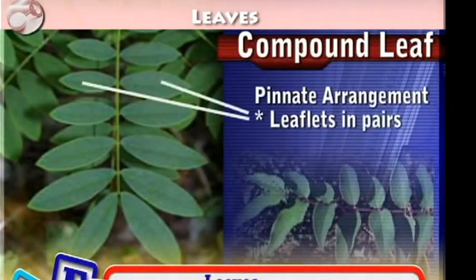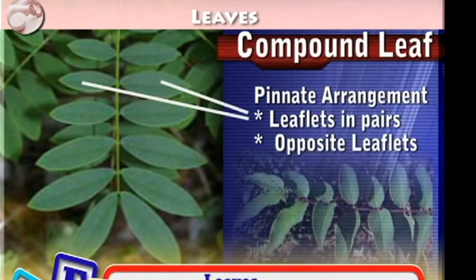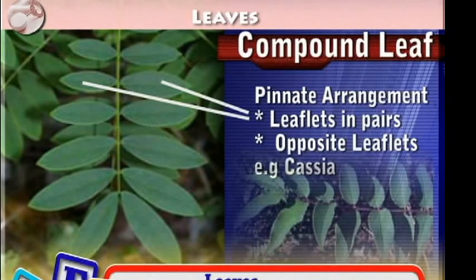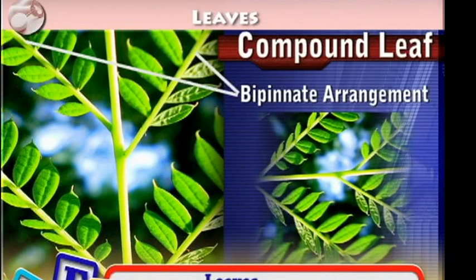In the pinnate, the leaflets are in pairs, opposite one another. An example of this is the cassia, which has a pinnate leaf arrangement. Then we have the bipinnate leaf arrangement.